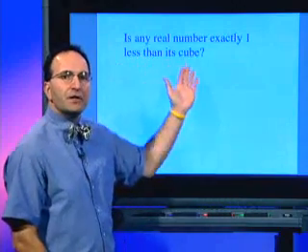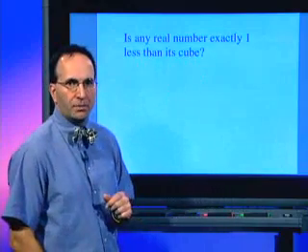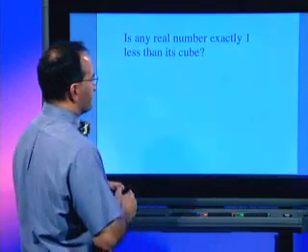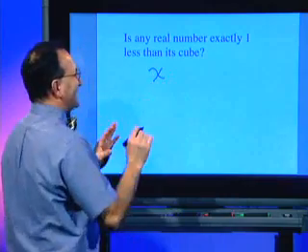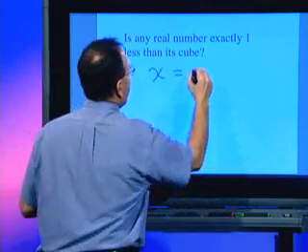Is any real number exactly one less than its cube? So we'll start off by saying, is any real number x exactly, that is, equal to 1 less than its cube?